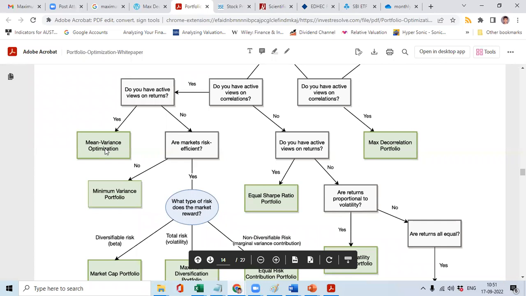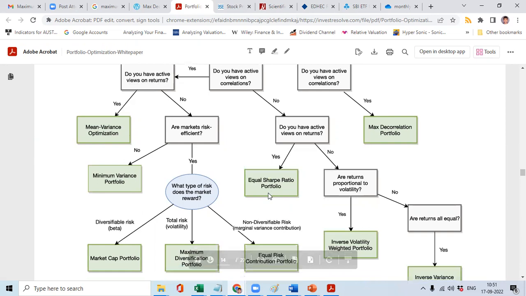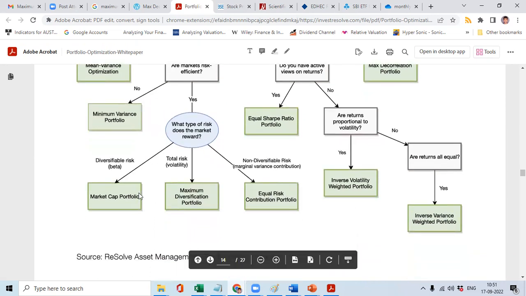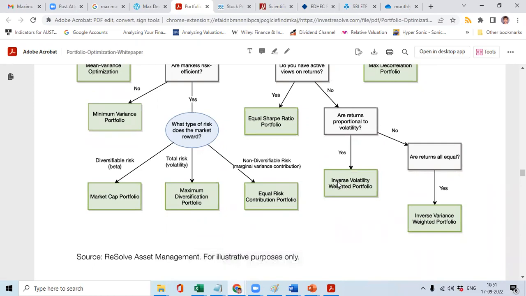One is mean variance, which we discussed. We haven't encountered the equal Sharpe ratio portfolio optimization. And then finally, you have the market cap portfolio. This is nothing but your Nifty 50. Equal risk is equi-weight. And then there are a few weighting techniques. The most common weighting technique is market cap.